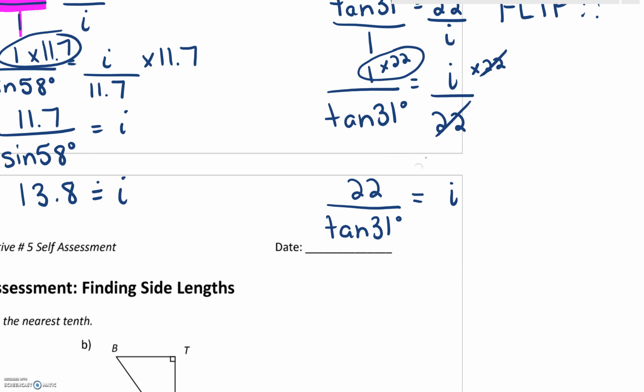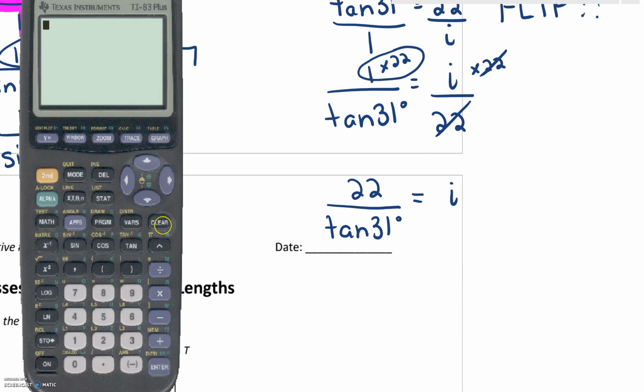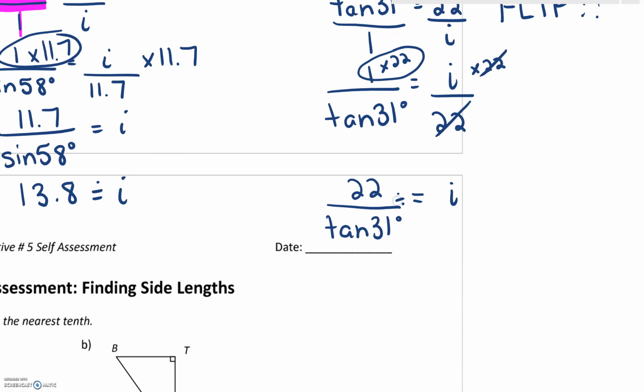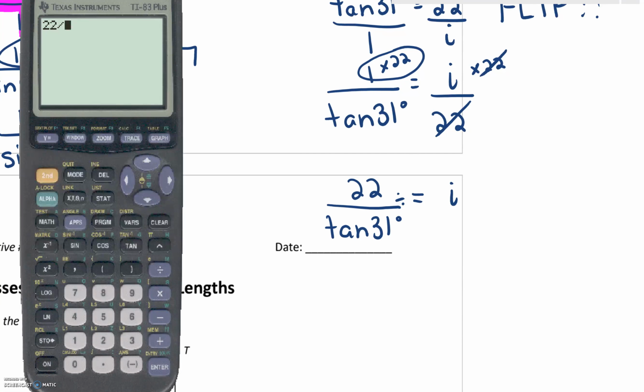So what you do at this point, in your calculator, you type in 22 divided, because this line means to divide. So we're going to divide not by 31, but by the tan of 31.